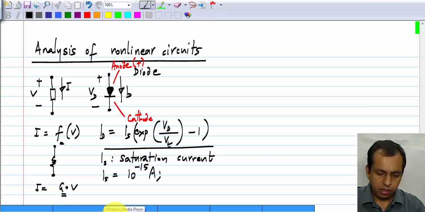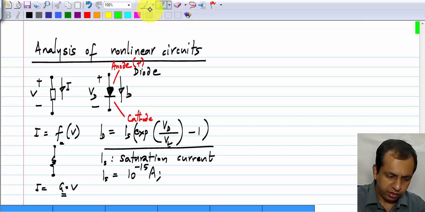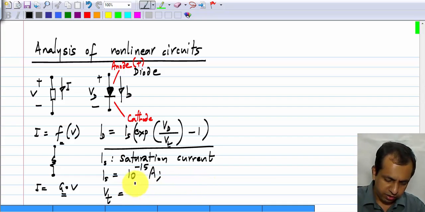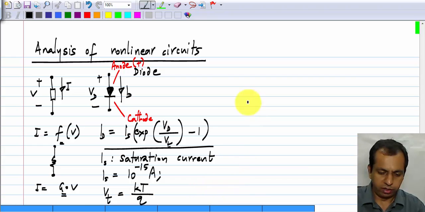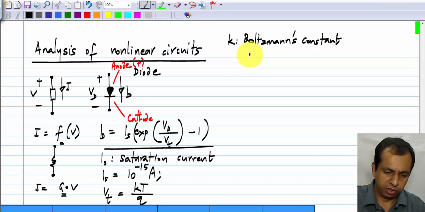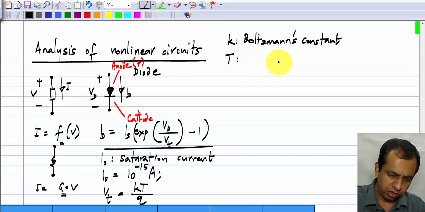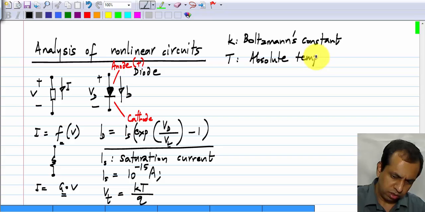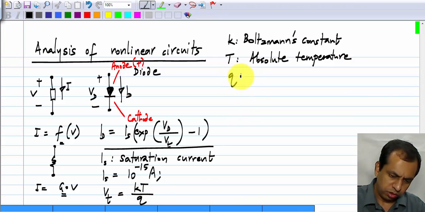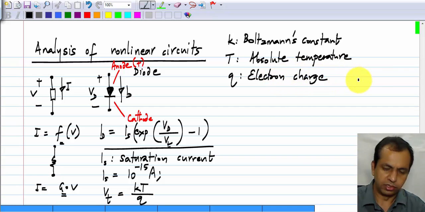And there is another constant here, which is Vt, and this is not really a property of the diode, but it's a fundamental constant, and it is given by kT by q, where k is Boltzmann's constant, you would be familiar with this, and T is absolute temperature, and q of course is the electron charge.